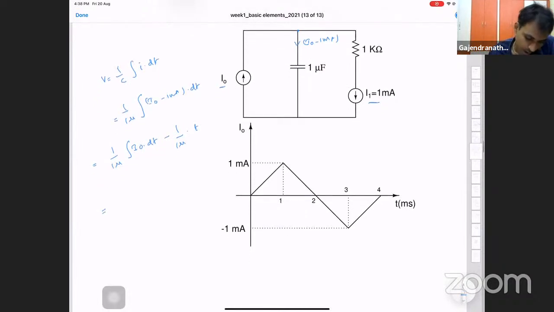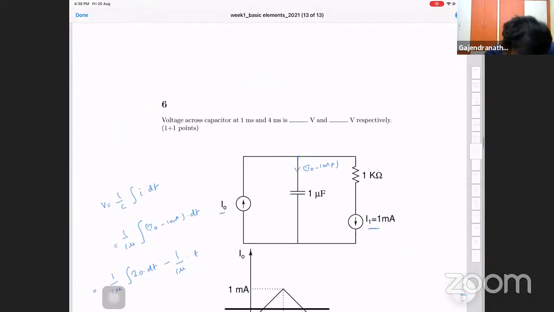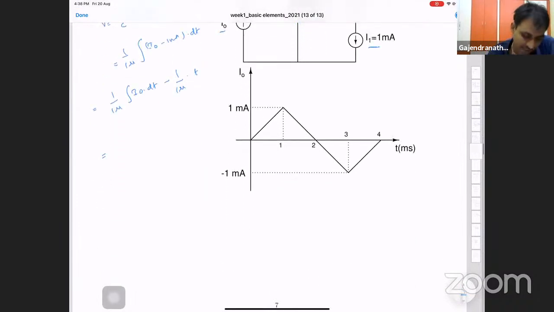Now, what is the area under the curve? The time points asked are 1 millisecond and 4 milliseconds. Till 1 millisecond, what is the area under the curve? It is 1 by 1 micro, where the base is 1 milli and the height is 1 milli, minus 1 by 1 micro times the time, which is 1 milli here.